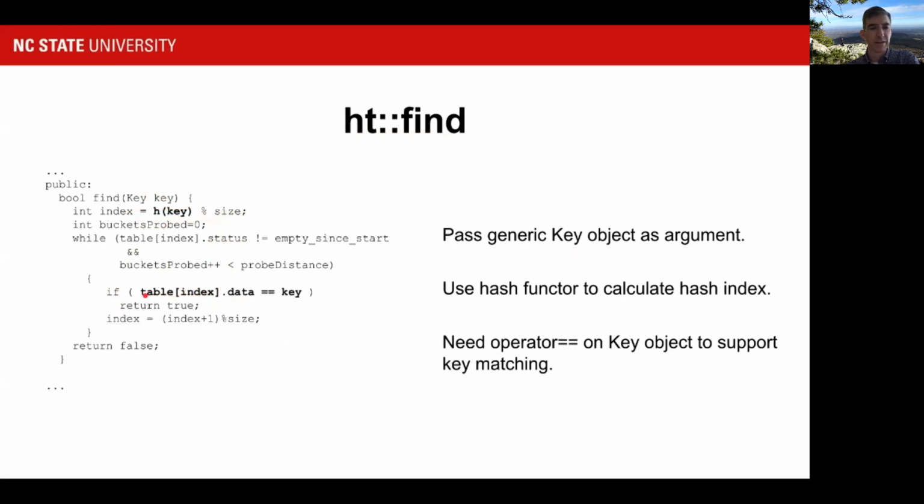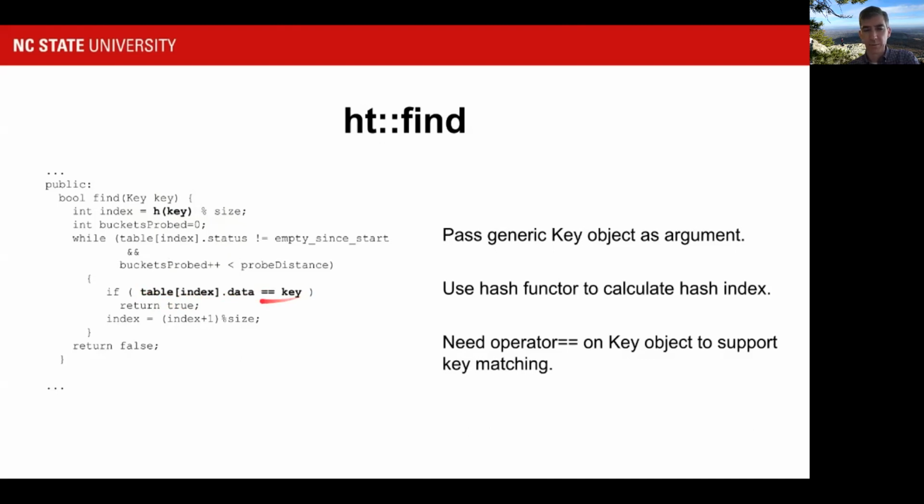And actually, I need another check. I need to ask, is the entry valid? And the data is key. So I have a slight mistake here. I need an and here. So if table index.status is equal to valid, and the data stored in that entry is equal to key.